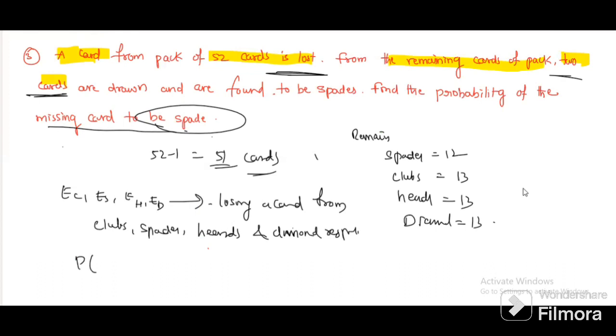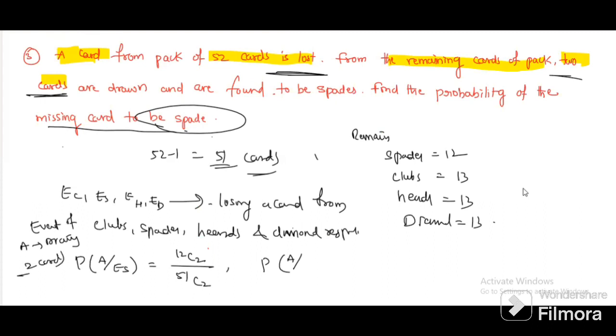Then P of A, that is from spades: there are only 12 spades available, so from the 12, we can take 2 out of 51, 12C2 by 51C2. This is from the spades. Similarly, drawing two cards from the clubs is 13C2 by 51C2.